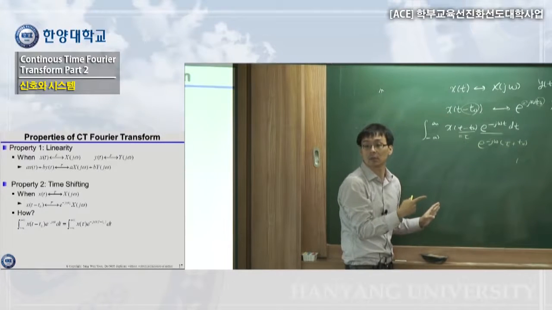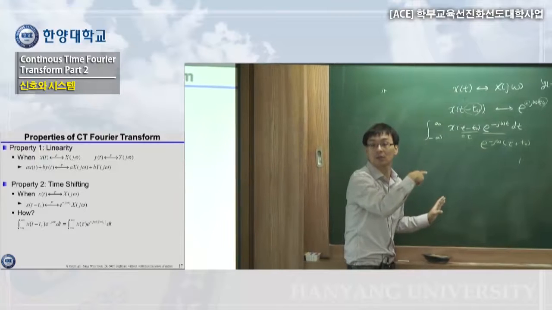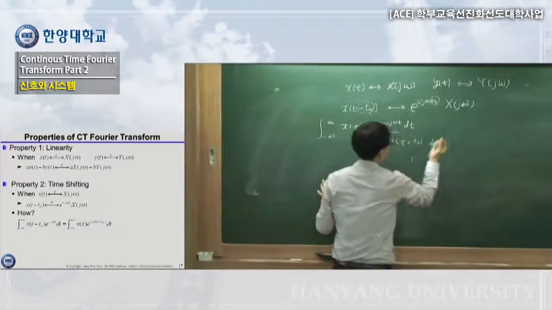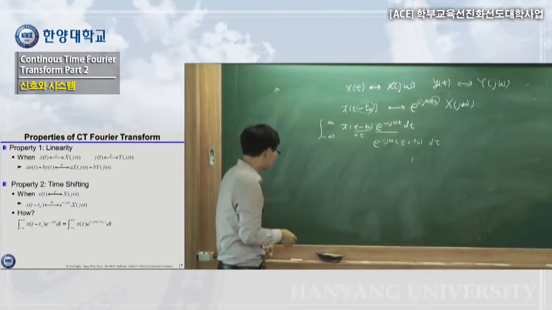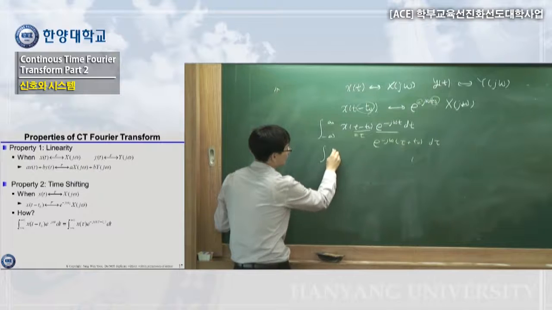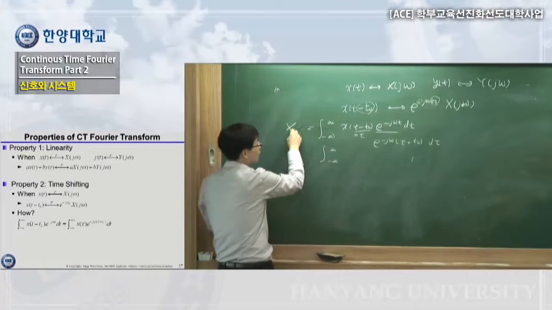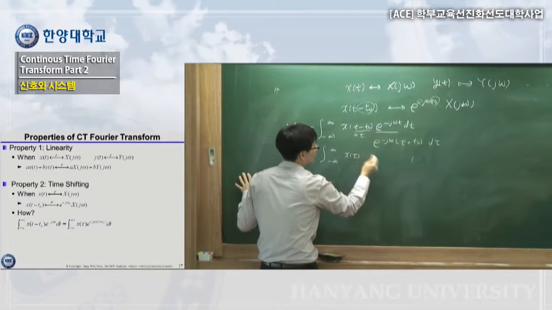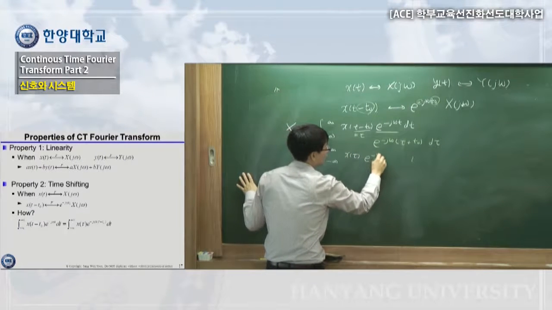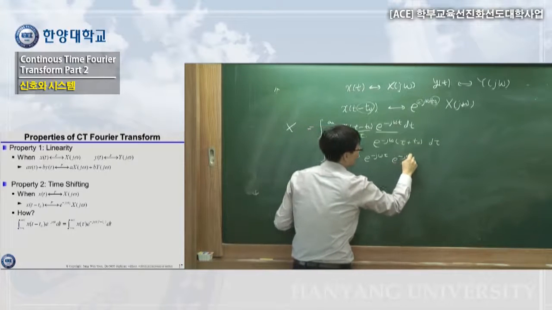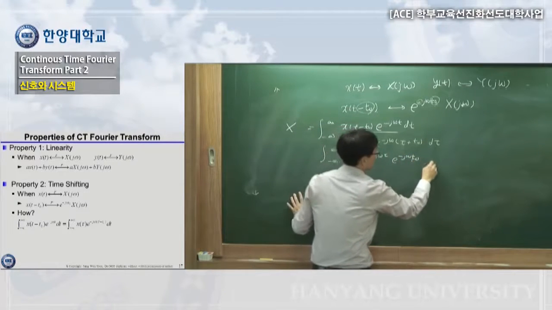Are you following? All right. So d tau. So now this one becomes integration of minus infinity to infinity, this is the definition of the Fourier transform. So x(tau) e to the minus j omega tau times e to the minus j omega t0 d tau.